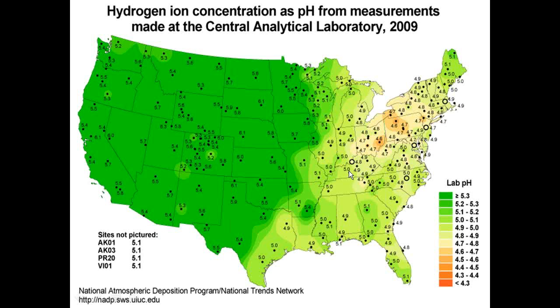But even in the good areas, there's very few that are 6 or above. 5.6, 5.7, there's a 6.1. Even out here in the Rocky Mountain states, they're down below 6. It's primarily not something that was caused locally, but it's brought in on the winds and the travel of the air. So we have acid rain conditions pretty well across the whole entire country.